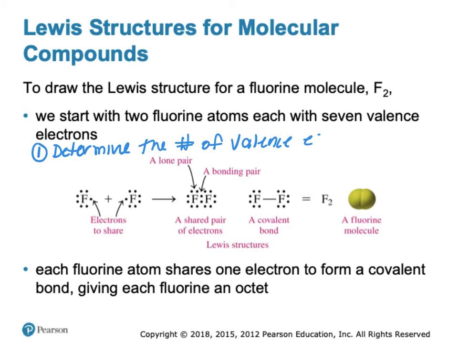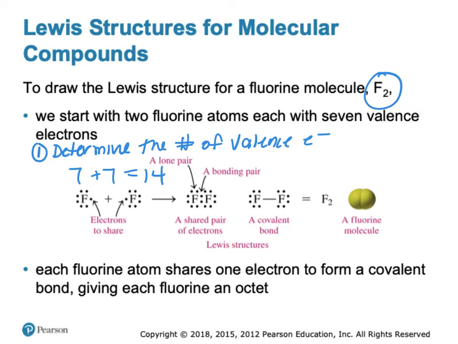So we have two fluorines here. We have F2. Each fluorine is in group 7A, so we are going to have 7 valence electrons from one fluorine plus 7 valence electrons from another fluorine for a total of 14 valence electrons.